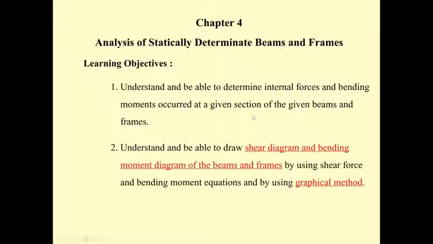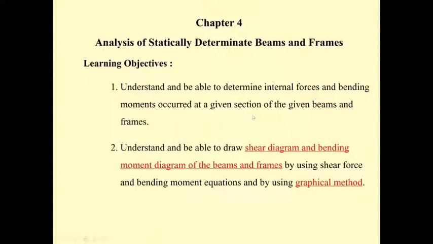The second objective is that the student should understand and be able to draw the shear diagram and bending moment diagram of the beams and the frame by using the equations or by using the graphical method. We need to draw the diagrams because we need to find the maximum shear force and also the maximum bending moment in order to design the beams and the frame.